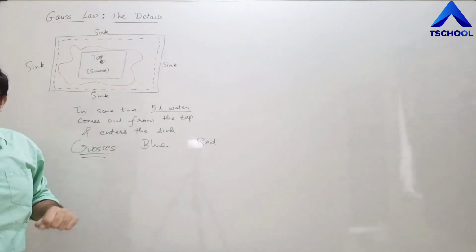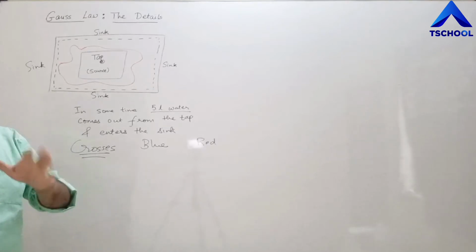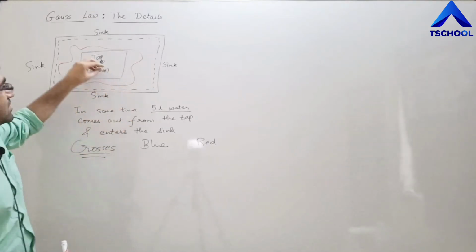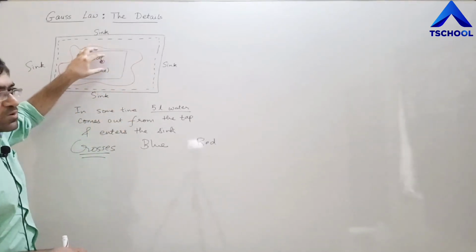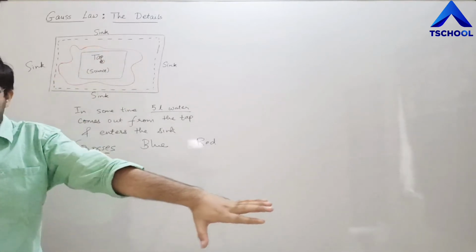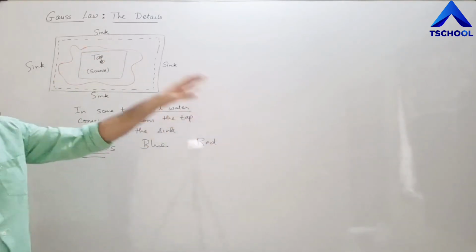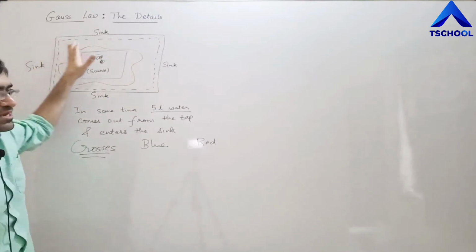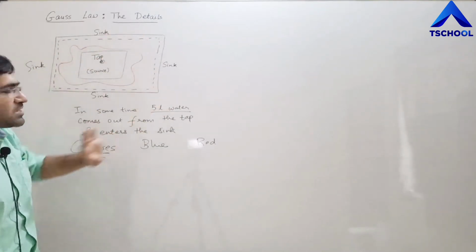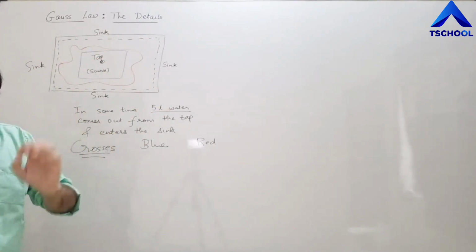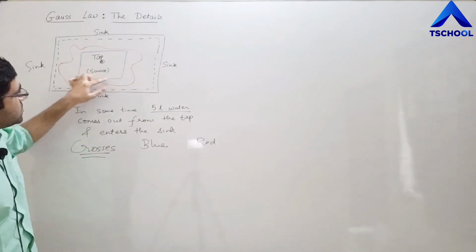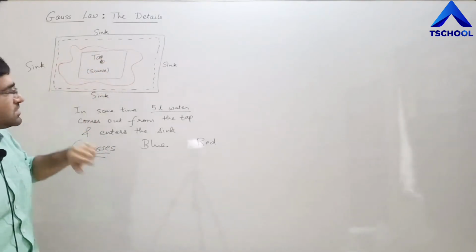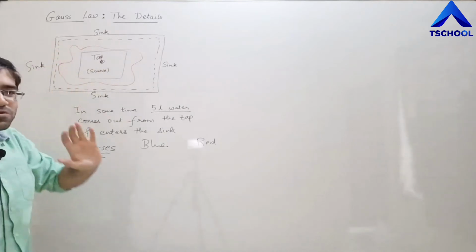You just have to take total, right. Think about it carefully. I am saying that 5 liters of water has come out from the source and it has been spilled on the floor and it has now moved outside towards the gutters or the sink in any direction and it has gone into the sink. Question is, how much water would have flown through either of these blue lines or through the red curves?